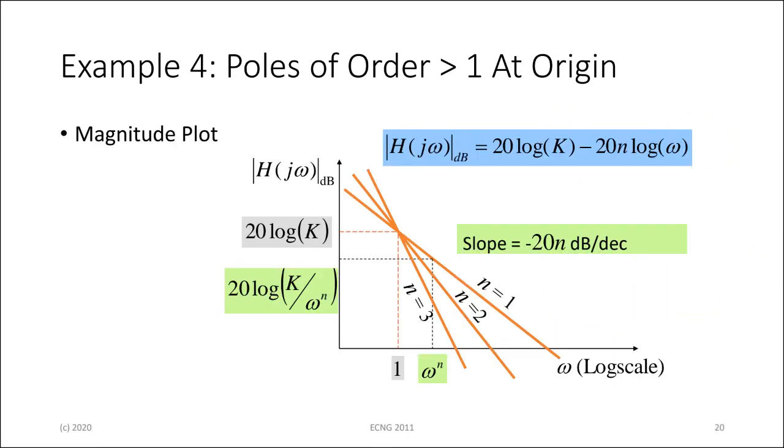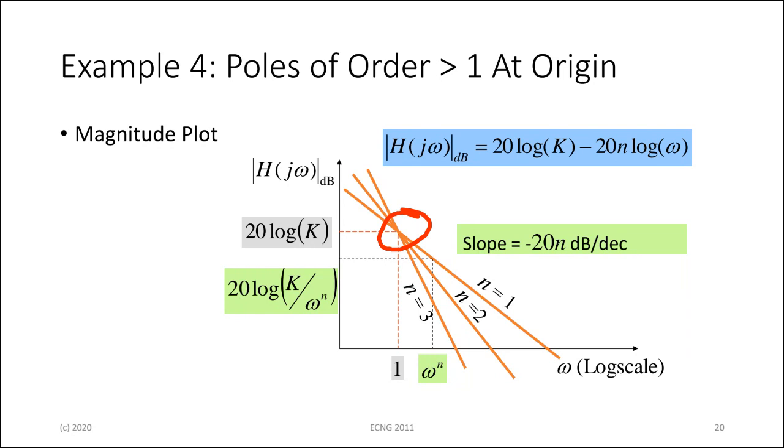Right? So the slopes, as n goes 1, 2, 3, and so on, they all pass through this point here. Because that's the point where omega will be equal to k, so the ratio is 1, so log of 1 is 0.